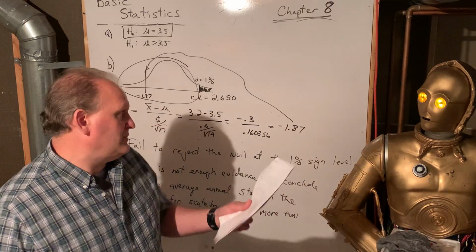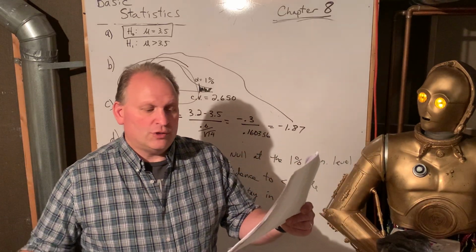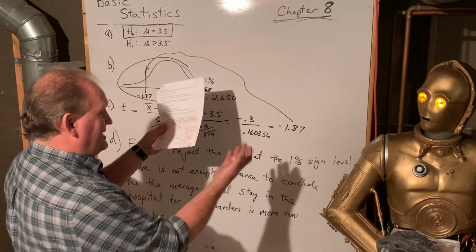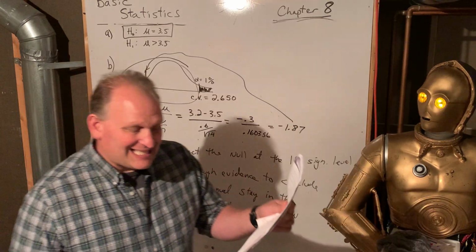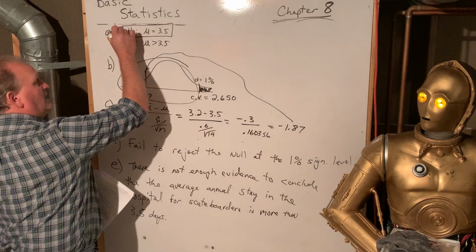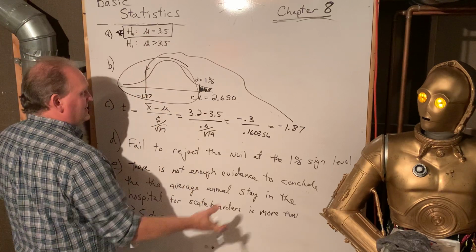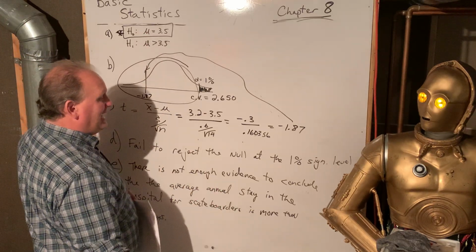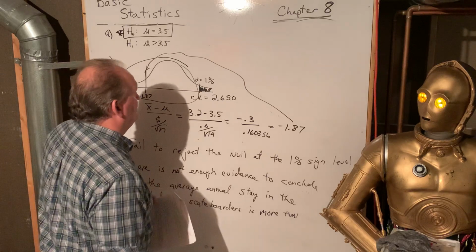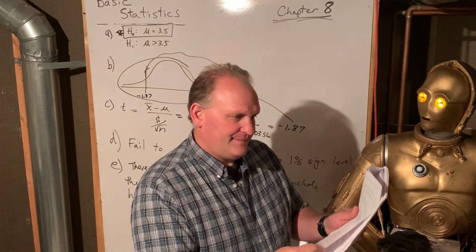So again, I'm not going to write that up this time, but the p-value means if the null were true, we would get results like this about 96% of the time. So that's really good evidence for the null. We're saying basically if this were true, we get results like this 96% of the time. That's a lot. And they wanted a 1%, so it was nowhere near 1%.